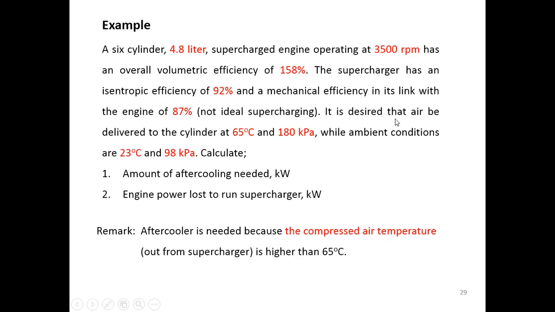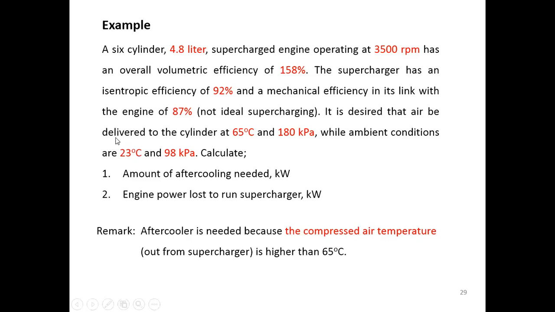The engine is designed so that the air is delivered to the cylinders at 65 degrees Celsius, so the temperature of the air after being compressed by the supercharger has to be limited to 65 degrees Celsius, and the pressure is 180 kPa.